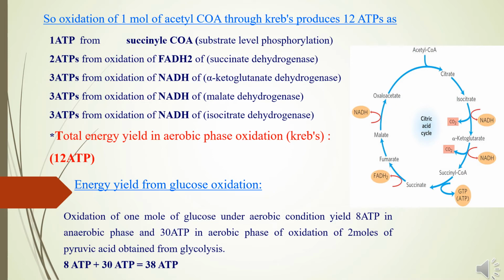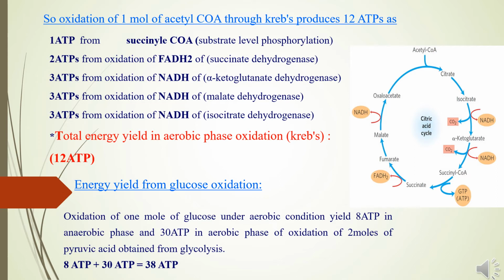To calculate the energy yield by the end of one cycle of the citric acid cycle, which starts with 1 mole of acetyl coenzyme A oxidized through the Krebs cycle, it is going to produce 12 ATP molecules.